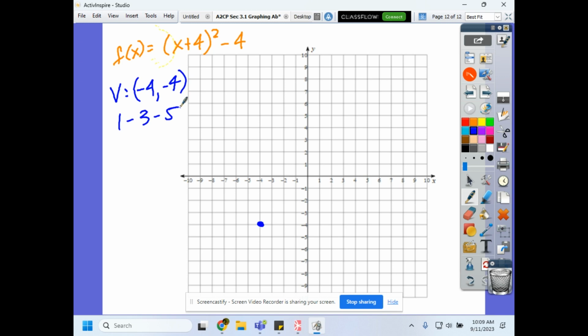Go over 1, up 1. Then over 2, up 3. And over 3, up 5. 1, 2, 3, 4, 5. That's good enough. Make your bolded points. You follow there, guys? Repeat or move on? Am I fast? No. Okay, good. Got the points. Make your U shape properly.